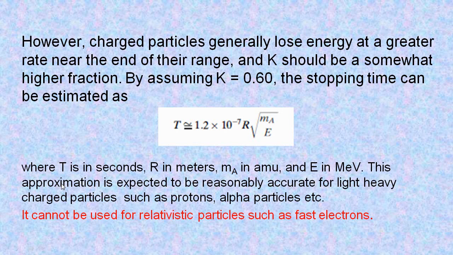This approximation is expected to be reasonably accurate for light heavy charged particles such as protons, alpha particles, etc. It cannot be used for relativistic particles such as fast electrons.